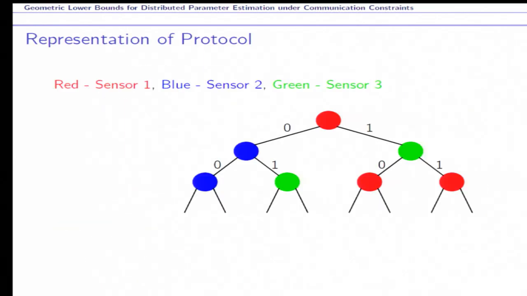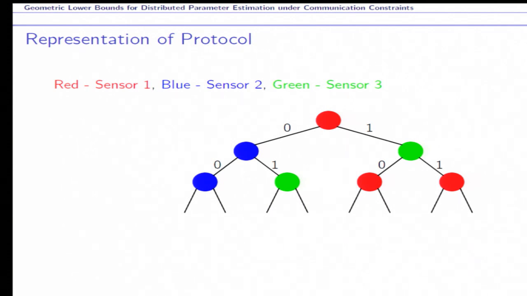Now let's briefly talk about the proof techniques for this lower bound. Our proof builds upon a very direct representation of our communication constraint. The main difficulty is to characterize the protocol. So this adopts a very well-known representation, the blackboard model.